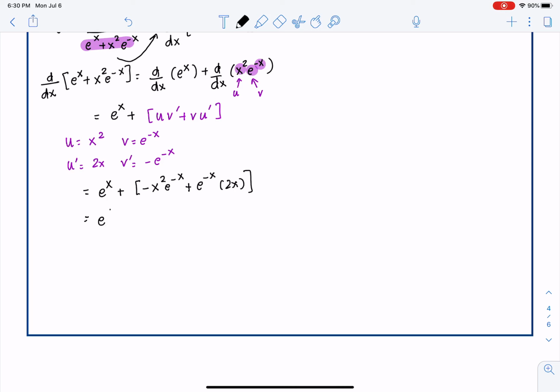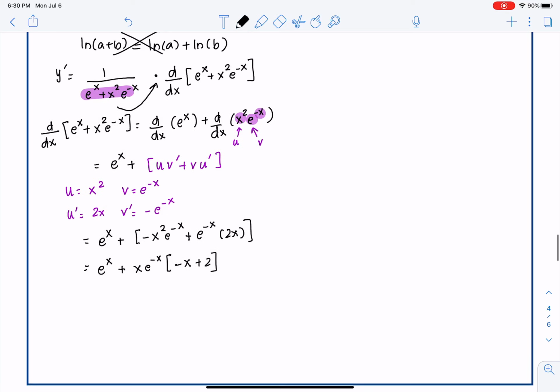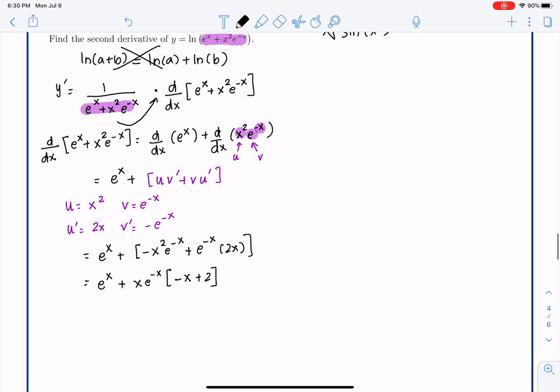which would give us e raised x. We have an x in common, we have e raised negative x in common. If you pull that out, we have x e raised negative x times minus x plus 1. Oh, sorry, plus 2. So that is not the answer, that is just the derivative for that part.